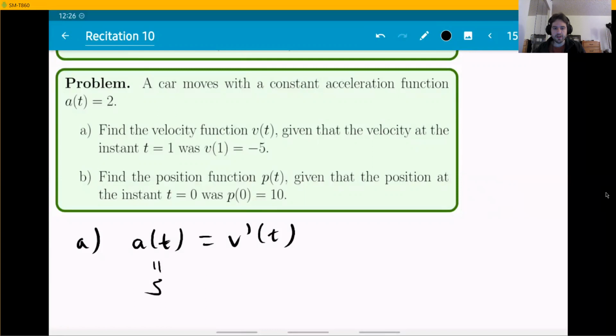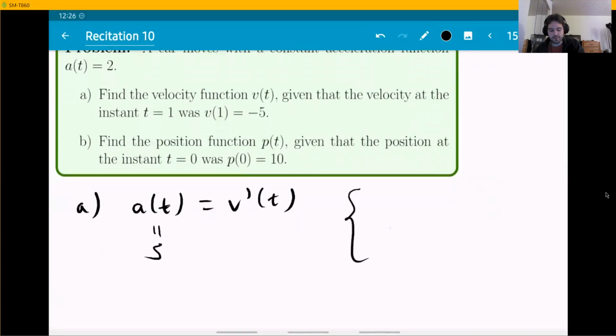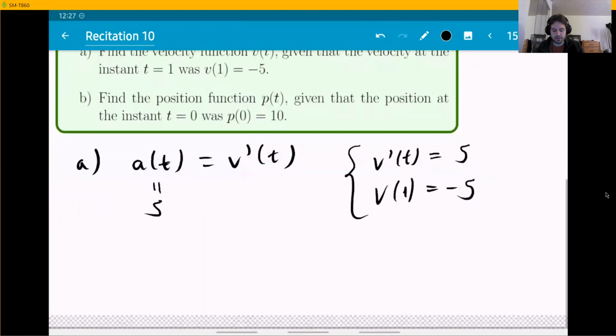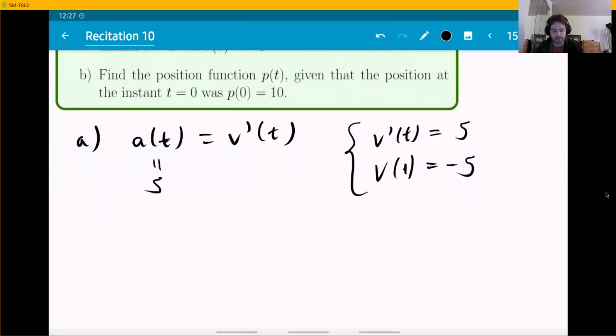So we're going to be writing an initial value problem for the function v. On the one hand, v prime, which is acceleration, is always 5. And on the other hand, the value at 1 is minus 5. This is now an initial value problem for v. With this, we can find v. So let's do that.